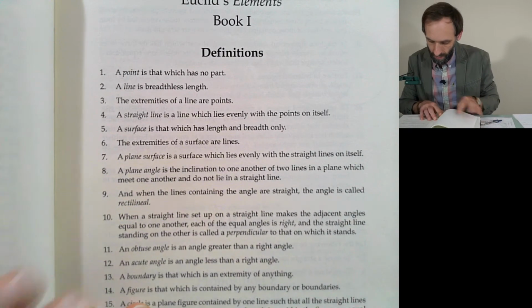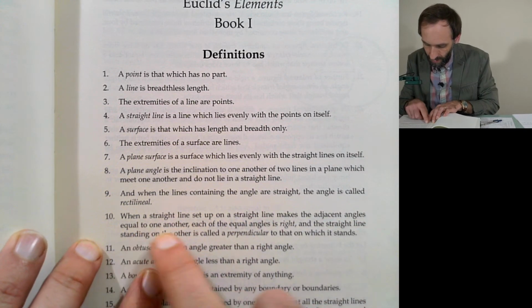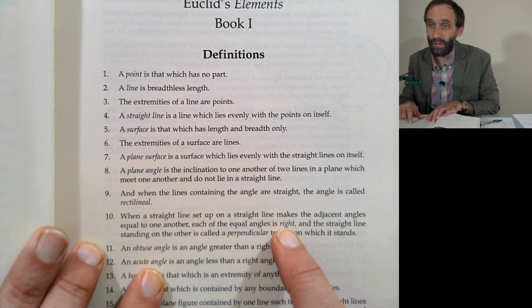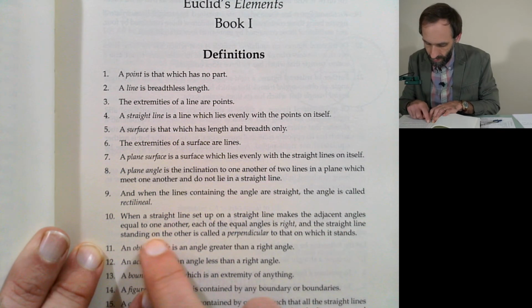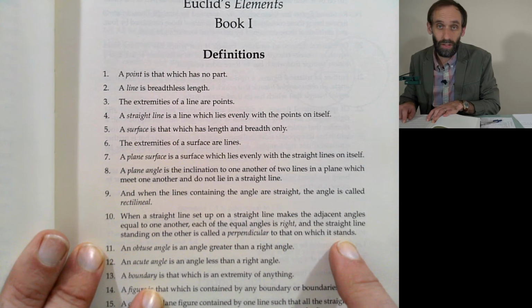Here it is. So definition number 10 says, when a straight line set up on a straight line makes the adjacent angles equal to one another, each of the equal angles is right, and the straight line standing on the other is called perpendicular to that on which it stands.